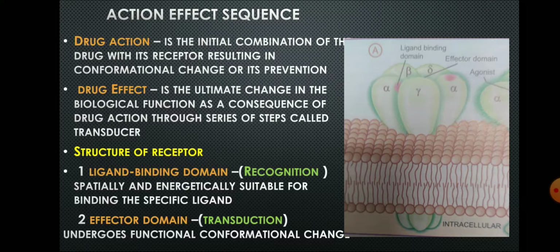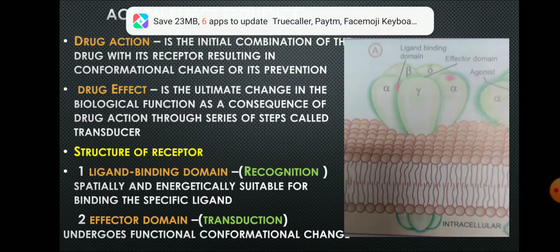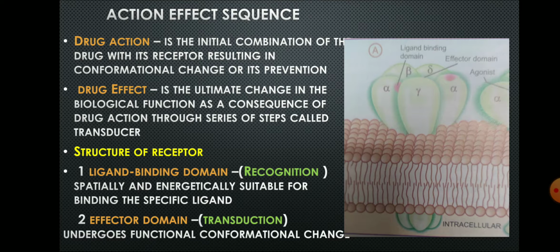These are the steps of events due to which the final change, or the final response, is going to be produced. So the effector domain is the area where conformational changes take place, due to which the final response is produced. So this is what a receptor looks like. Refer to the figure: it has two domains, the ligand binding and the effector domain.